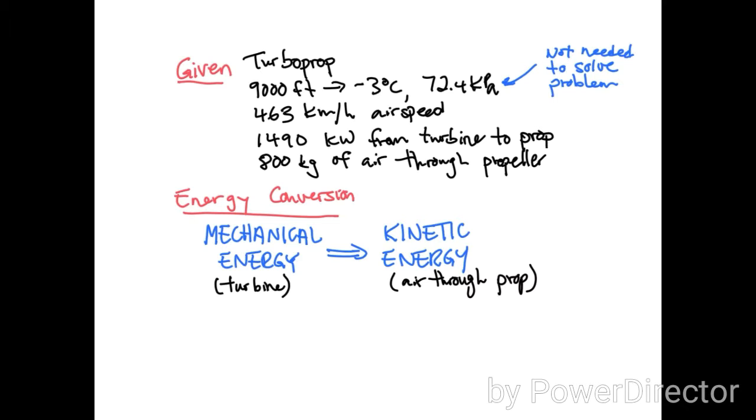This question is an energy conversion problem, where we have mechanical energy that's coming from the turbine of the engine, and that mechanical energy is going to the propeller and being converted into kinetic energy.